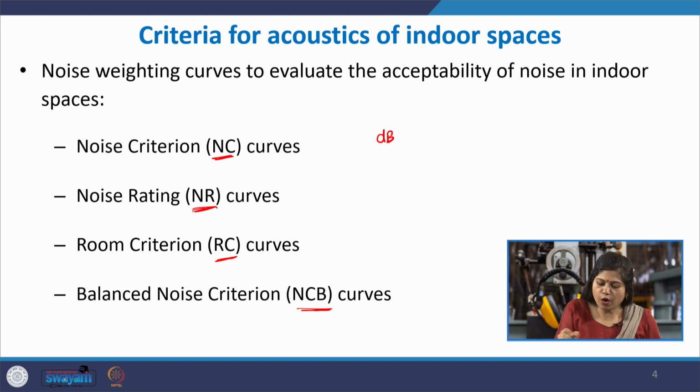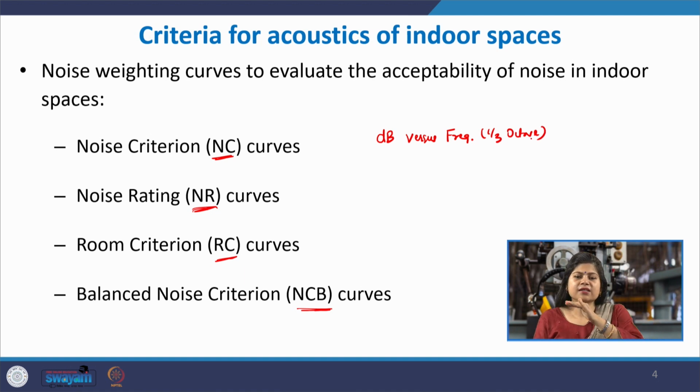These are standard curves, plots or graphs of decibels versus frequency, usually in 1/3 octave, and these standard graphs say that for this particular kind of space, this could be the typical decibel versus 1/3 octave spectrum variation in the various indoor spaces.